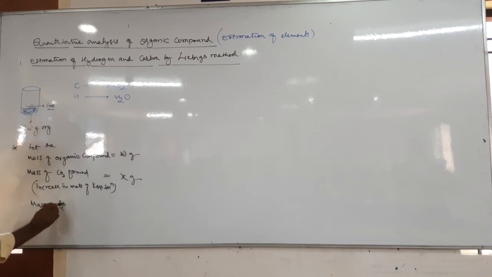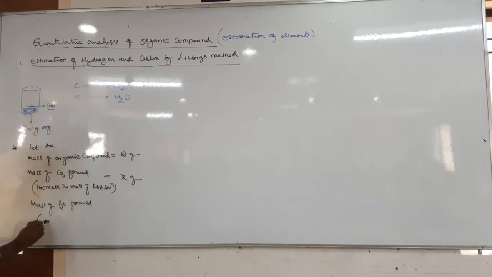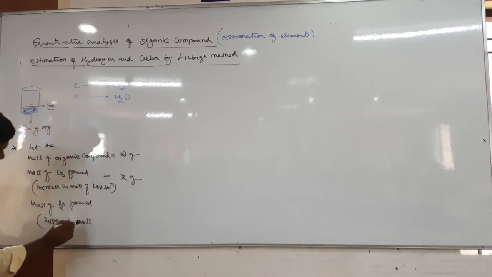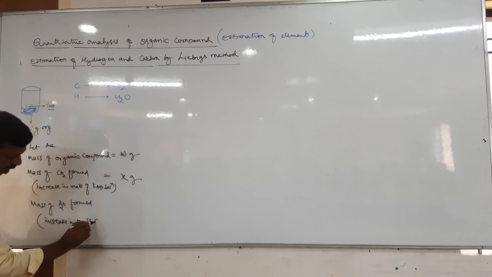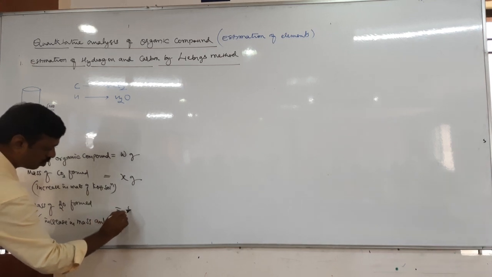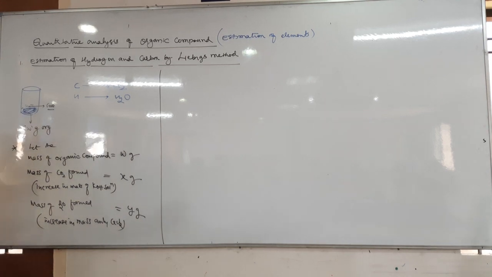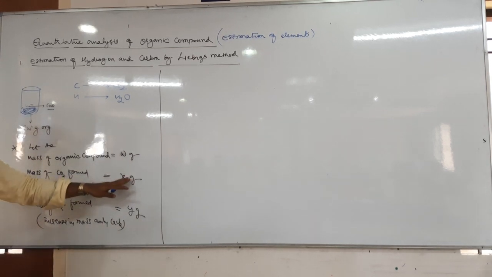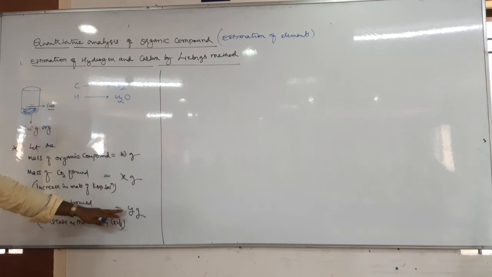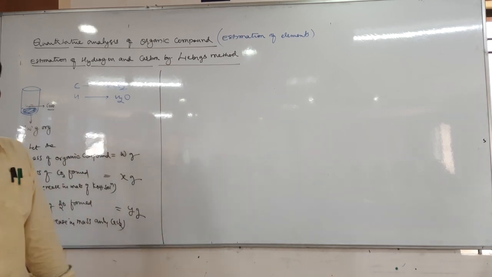The mass of H2O formed is the increase in mass of anhydrous CaCl2, equal to Y gram. So suppose X gram of carbon dioxide and Y gram of water are formed. Then we want the percentage of carbon and the percentage of hydrogen to be calculated.